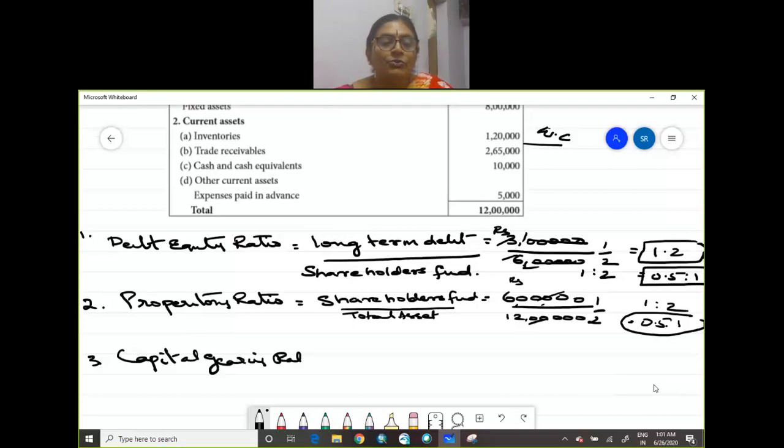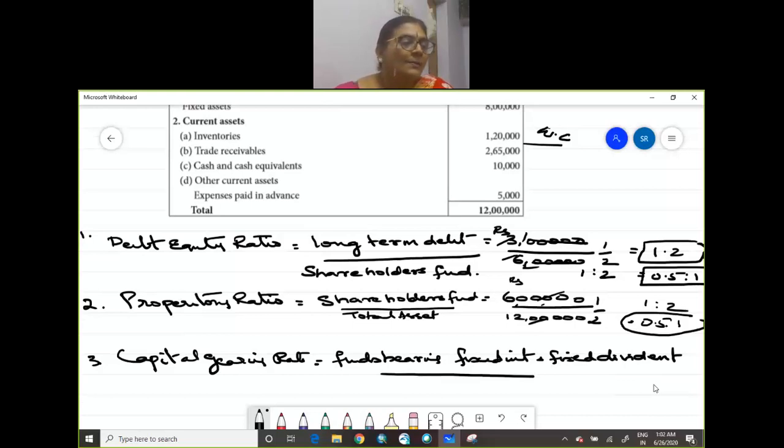Next, the third one, we are going to find out capital gearing ratio. What is the formula for capital gearing ratio? Funds bearing fixed interest and fixed dividend, divided by equity shareholders fund.